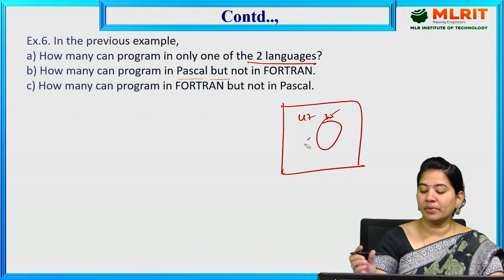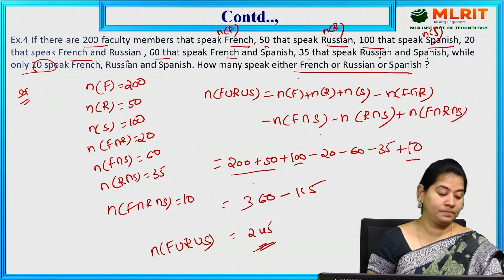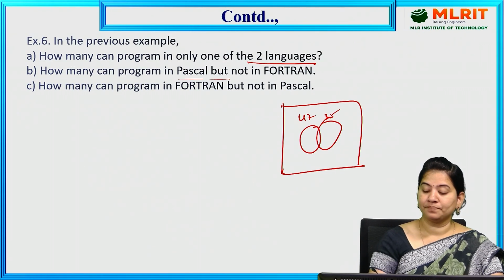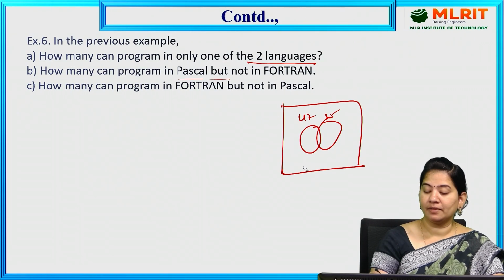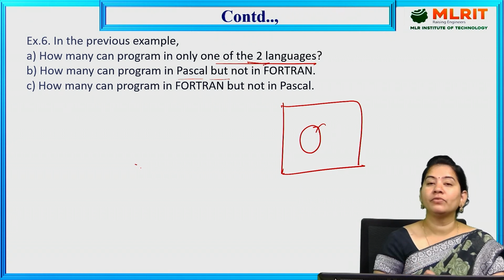So you can take it as 24 here. We can say that here 47 and 35. So how many can program in only one of the two languages?